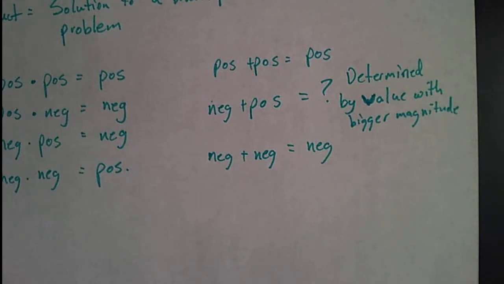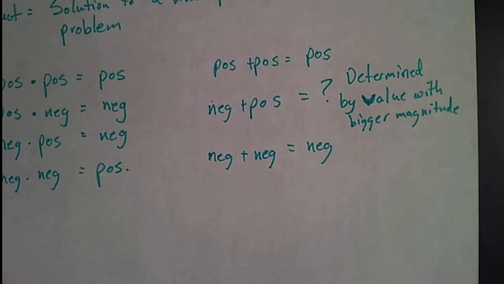Well, the negative 36 has the bigger magnitude. So if you want to think of magnitude as absolute value, you can think about it that way. So it's further away from 0. So that means it's going to be pulling that 27 over to the negative side when we add those together. So we know the result is going to be negative.